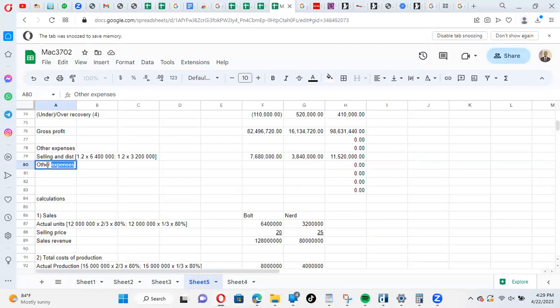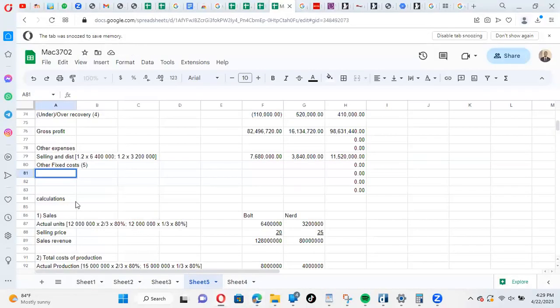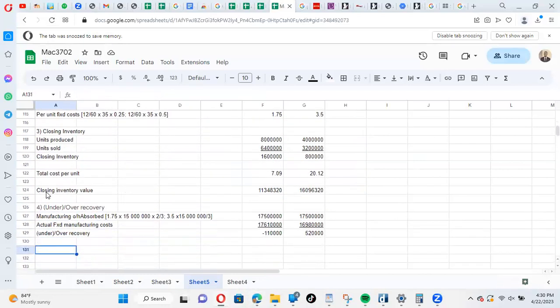All right. So let's just say other fixed costs. Let's put that on working 5. So how much is it? It's 55 million. So let's go down and put working number 5, other fixed costs.